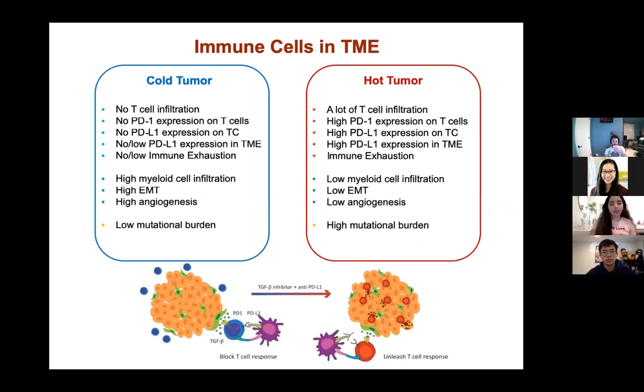If you're seeing a microenvironment that heavily contains suppressor cells and doesn't have a lot of effector infiltration, such as activated T cells, you don't have a lot of immune exhaustion because you don't have that activation to begin with. So the cells never actually get a chance to get exhausted, and with a lot of angiogenesis, that is a cold tumor.